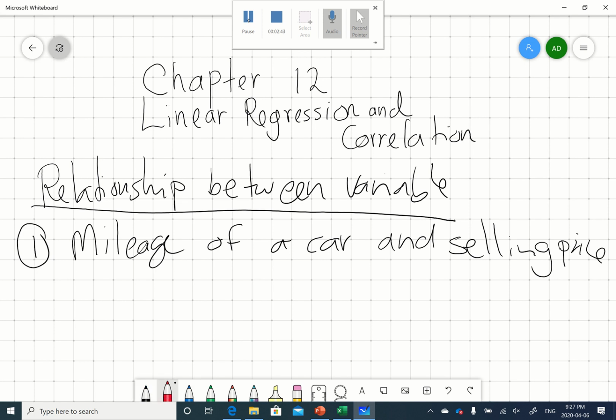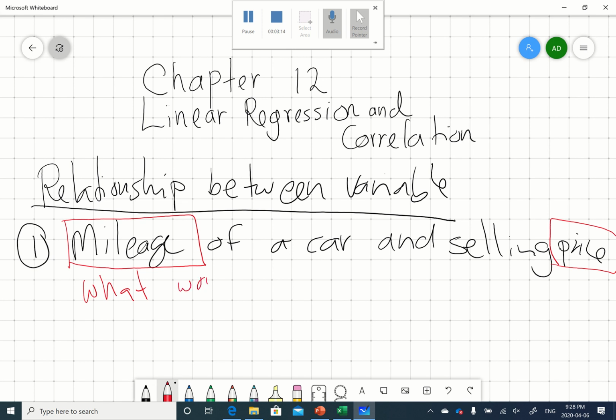One is the mileage of the car, which varies, and the other one is the selling price. When you think about the association between two variables, you can just pick a direction. What happens to the price when the mileage increases? You can ask that question to figure out the relationship.